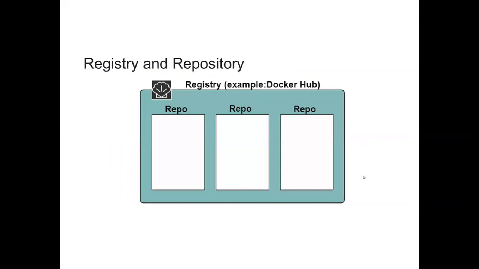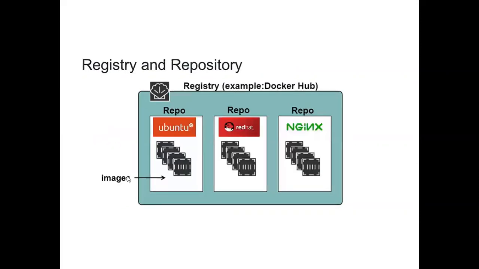In the Docker Hub, vendors maintain their own different repositories. For example, Ubuntu has its own repository with multiple versions of Ubuntu OS images. Similarly, Red Hat. And not only OS, but similarly Nginx, a web service, Apache, MySQL, Java, you name it. They all have their own images of different versions.